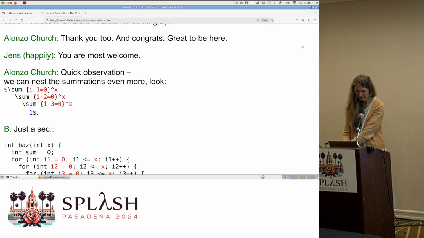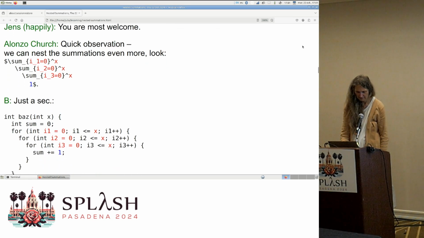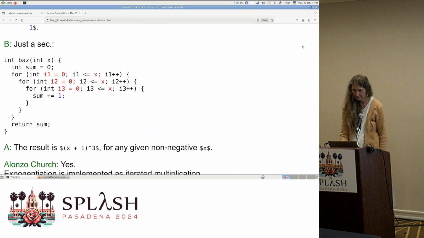Sum over i1 equals 0 to x, sum over i2 equals 0 to x, sum over i3 equals 0 to x, of 1. Just a sec.